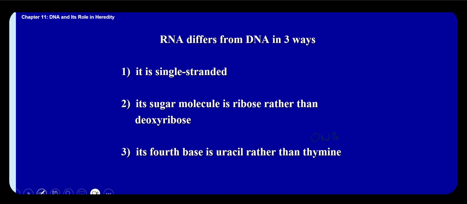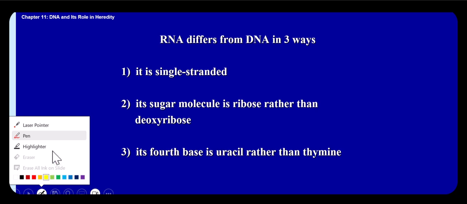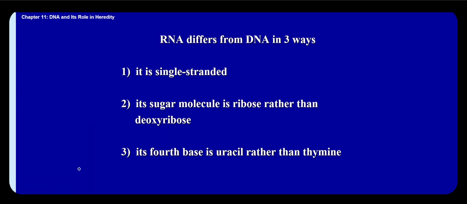Thymine is in DNA. The uracil is in RNA. So with your questions, half the battle is reading the question, slowing down a little bit, reading the question, and making sure you're answering what's actually being asked.